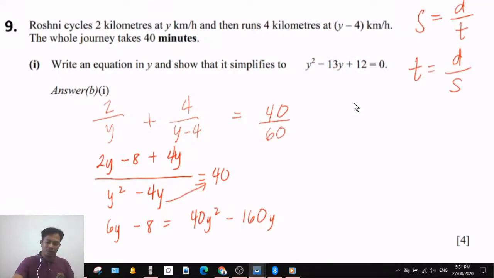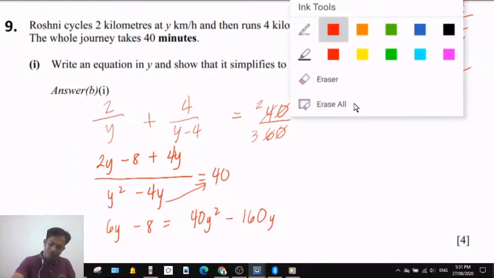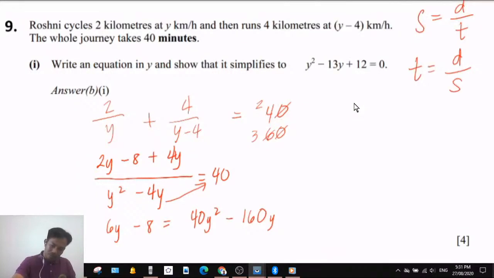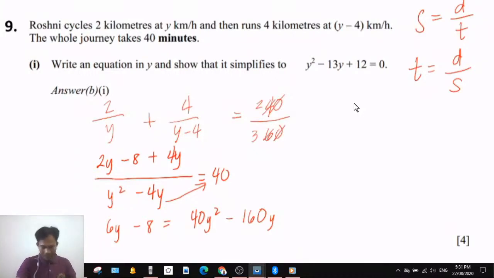Or 4 over 6. Or this should be simplified to 2 over 3. I'll erase the other working. So you notice how I simplify things. I'll cancel out the 0. This can be simplified to 2 over 3.